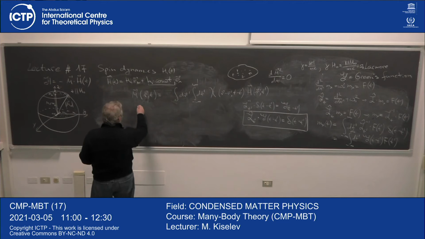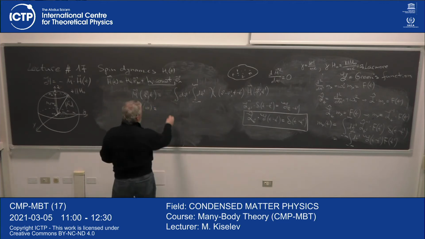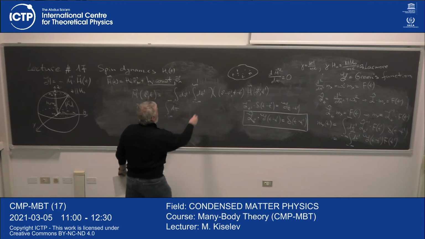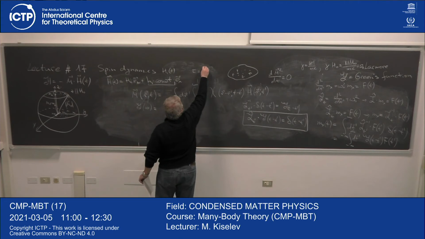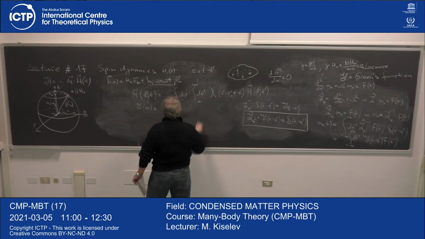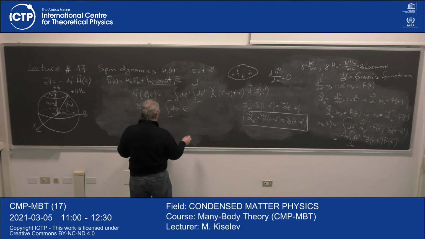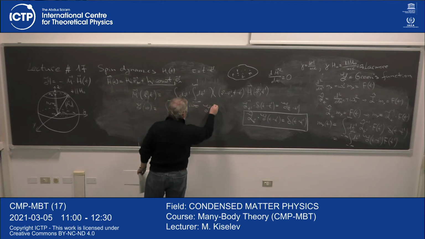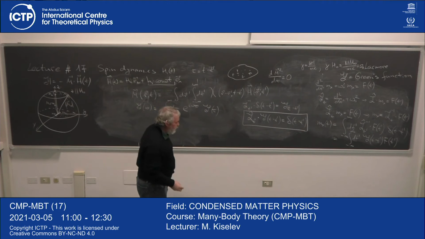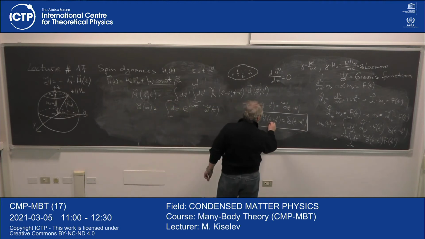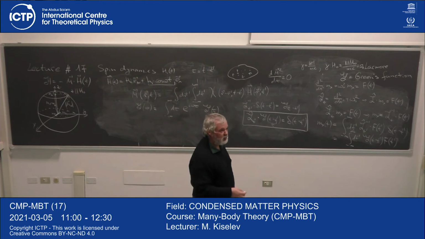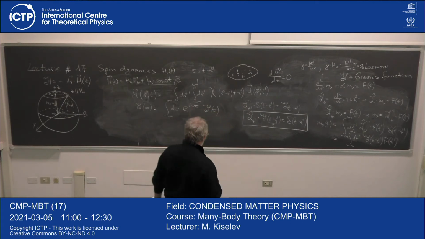Okay, Fourier transform. G(omega) is equal to the integral from minus infinity to infinity d tau, where I denote tau as t minus t prime. So I have e to the power i omega tau G(tau), because you see that the Green function depends on the difference of times t and t prime.